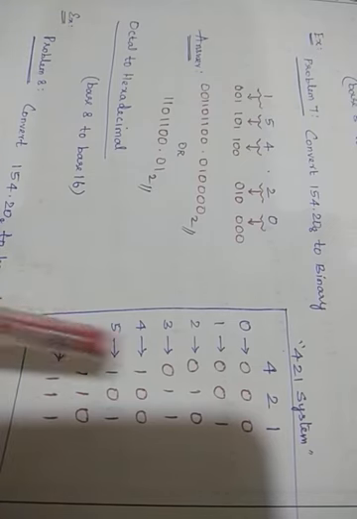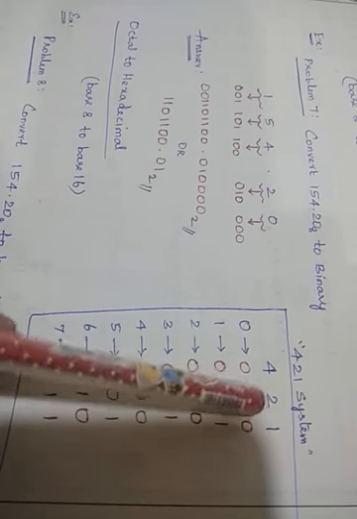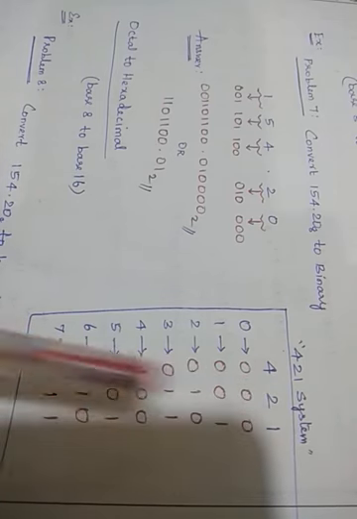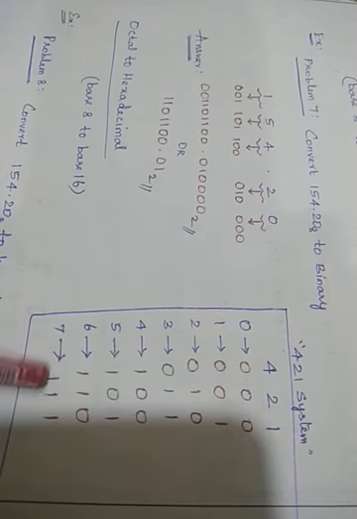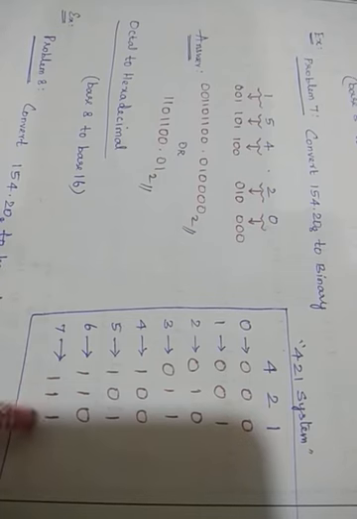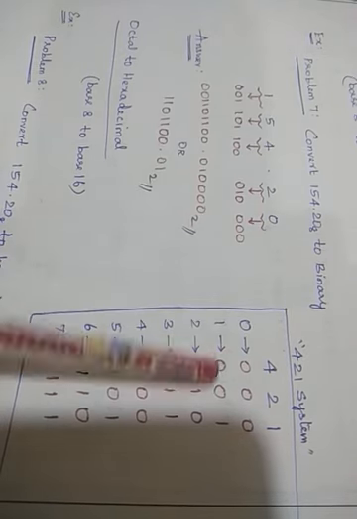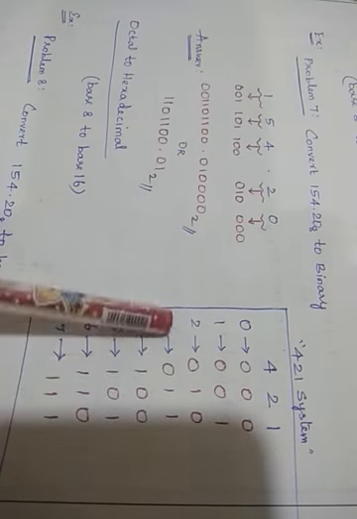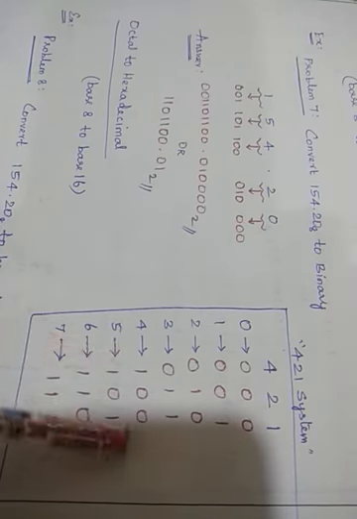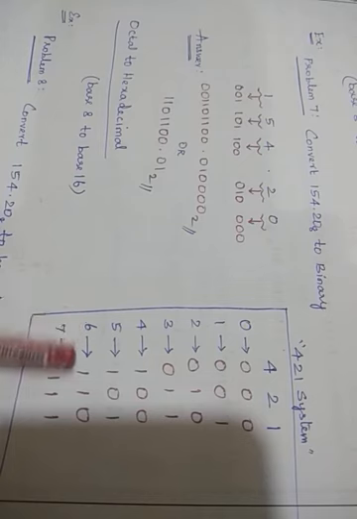And for 7, 4 plus 2 plus 1 is 7. So put 1 for all the 3 variables. So 0 means 000, 1 means 001, 2 means 010, 3 means 011, 4 means 100, 5 means 101, 6 means 110, 7 means 111.